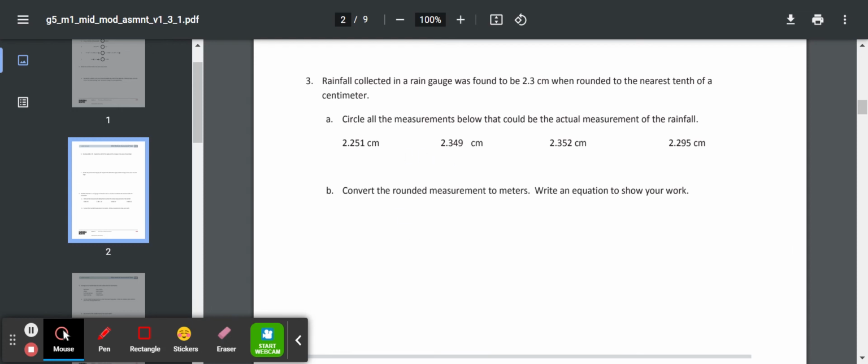So these numbers here, which one would be rounded to 2.3 centimeters? Pause to complete. B says convert the rounded measurement to meters. Write an equation to show your work. So this one here, the rounded measurement, what would this be to the nearest meter?